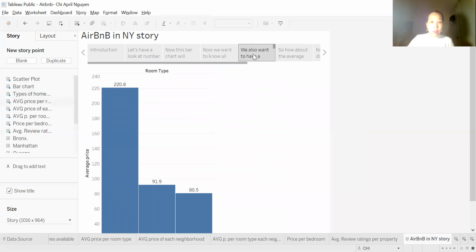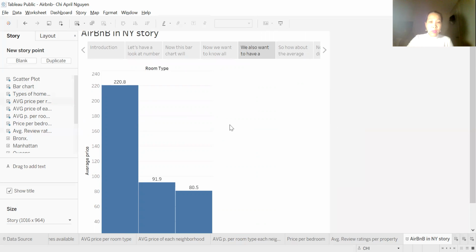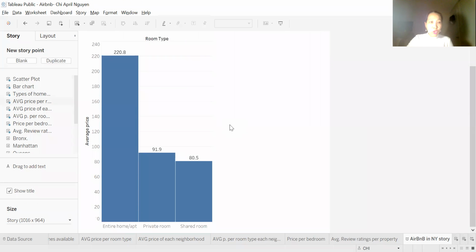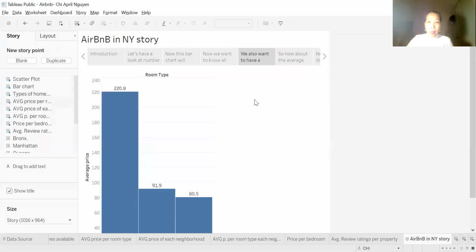So the next bar chart. We also want to understand the average price per room type of New York City. Here we can easily see that shared room is the cheapest choice, while entire room apartment is the most expensive.